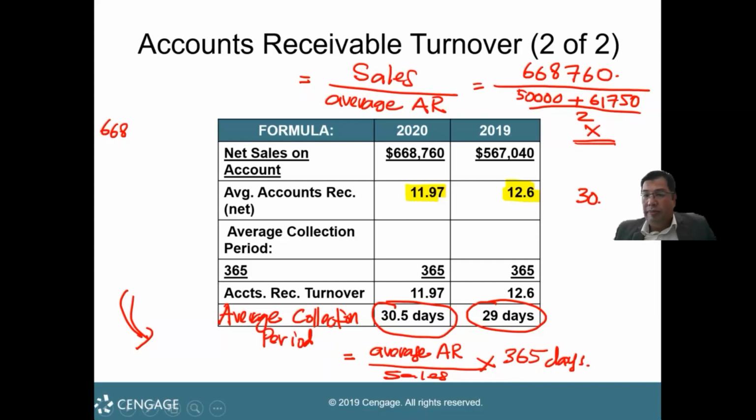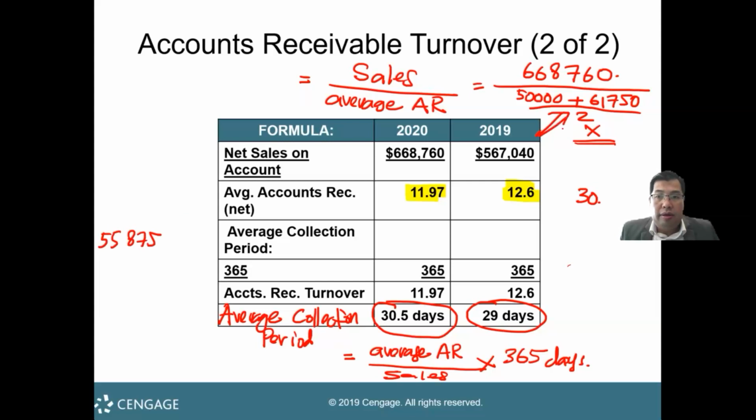So in this example, let me just do the calculation. 50,000 plus 61,750, divided by 2. Let me just put the answer here. The average account receivable is 55,875.